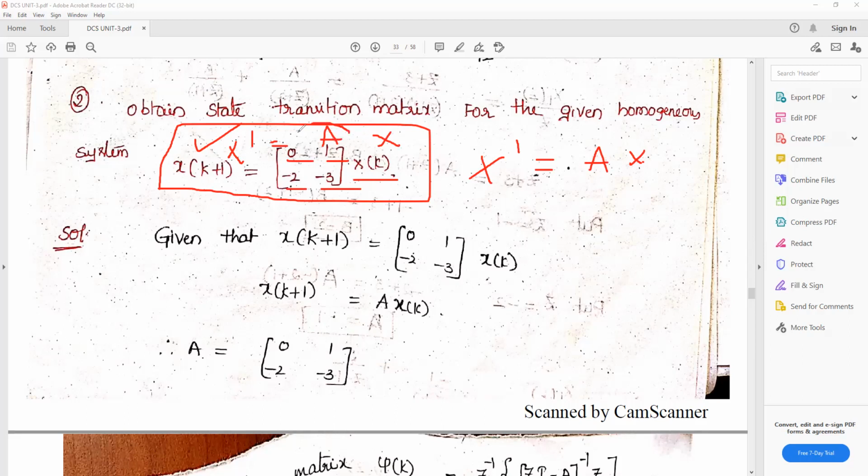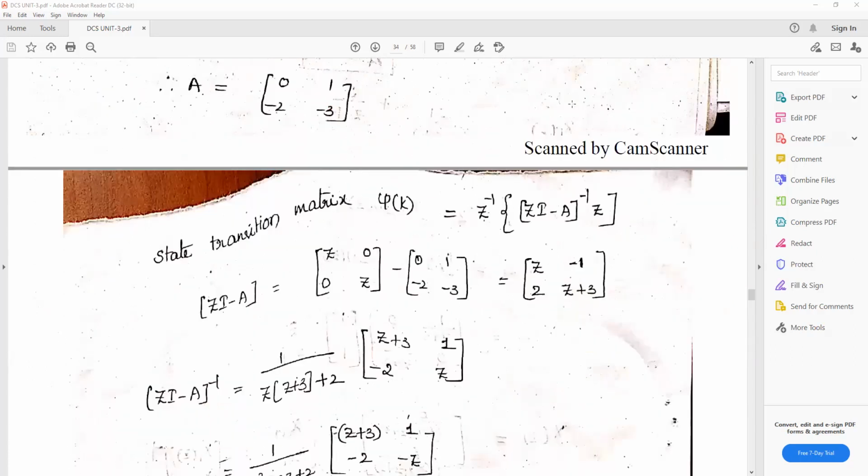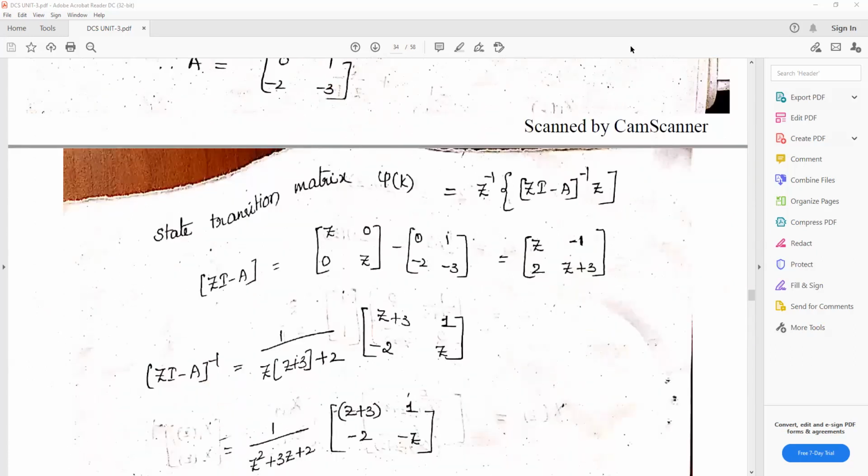So the A matrix is A is equal to [0 1; minus 2 minus 3]. This is the A matrix. And what is the formula to obtain the state transition matrix?